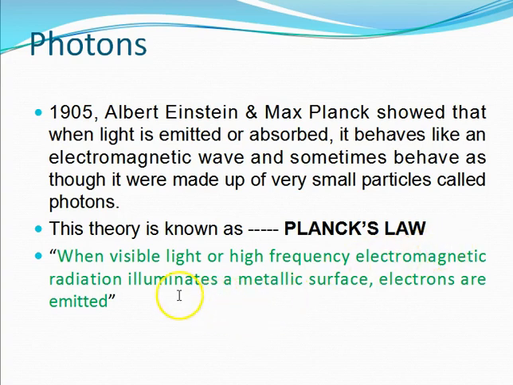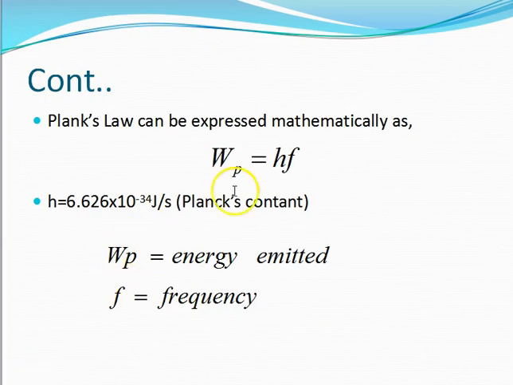Planck's law stated that when visible light or high-frequency electromagnetic radiation illuminates a metallic surface, electrons are emitted. Therefore Planck's law can be expressed mathematically as energy emitted, Wp, equals the Planck constant h times the frequency of the electromagnetic wave.